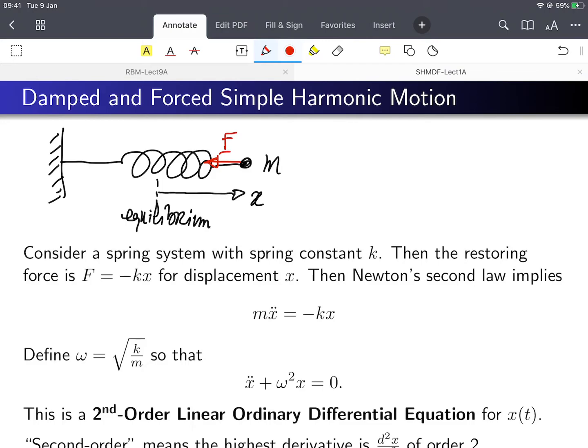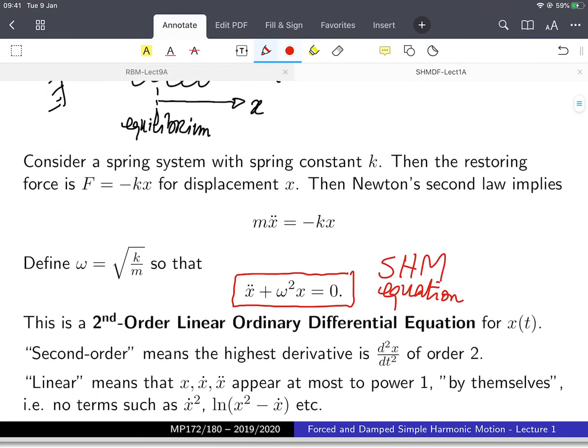So we've done that before. You know that you end up with what's called the simple harmonic motion equation. And then there are some terms that I've introduced before. How do you characterize this equation? It's an equation whose unknown is a function, not x, a number, but x of t, a function of time.